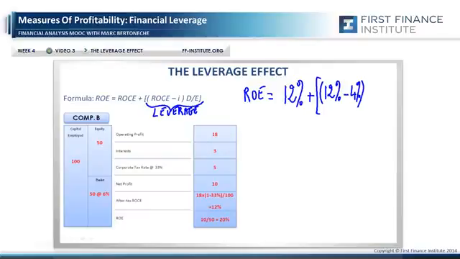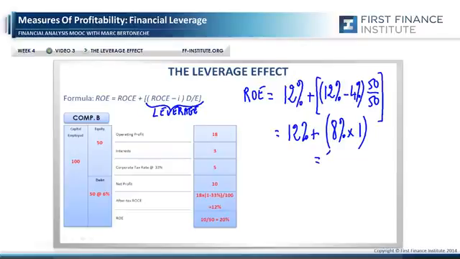And the ratio debt over equity is 50 of debt, 50 of equity. If you do the calculation, you find 12 plus 12 minus 4 is 8, multiplied by 50 over 50, and this gives you the 20% that we found earlier.